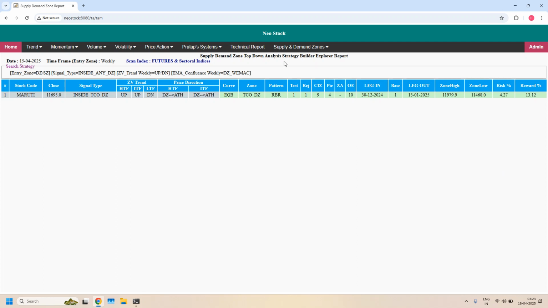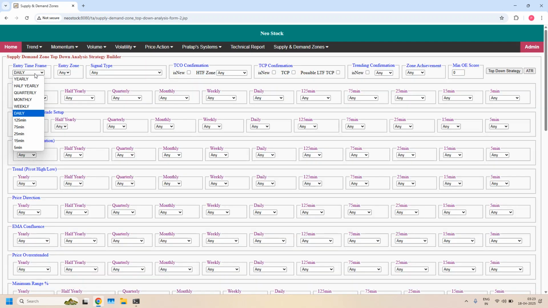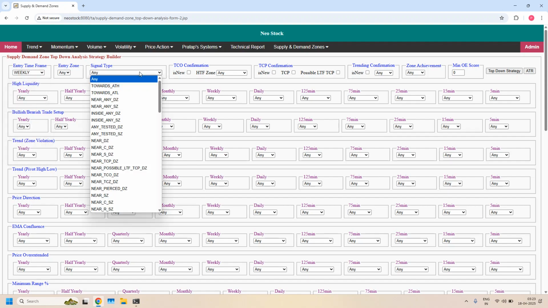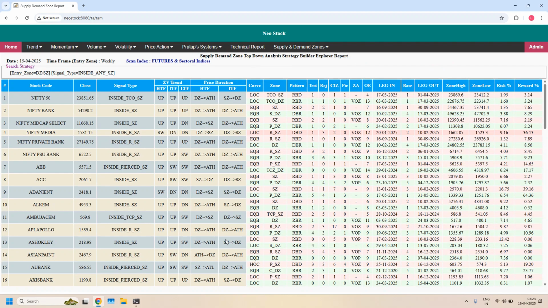Okay, next, for weekly time frame, price closed inside the weekly supply zone. We got a big list. First 16 stocks in the list.